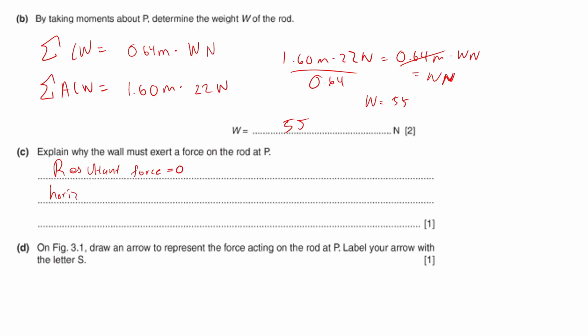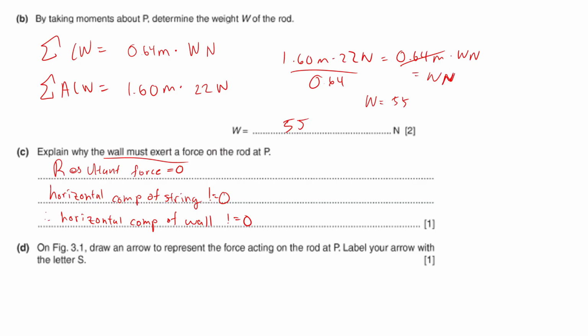The horizontal component of the string is not equal to 0, so then as a result, the horizontal component of the wall force is also not equal to 0, and thus it must exert a force.